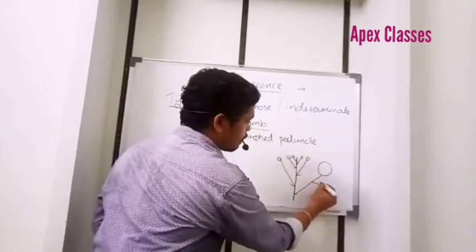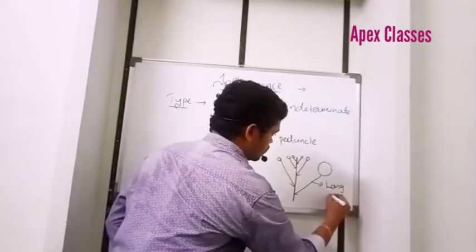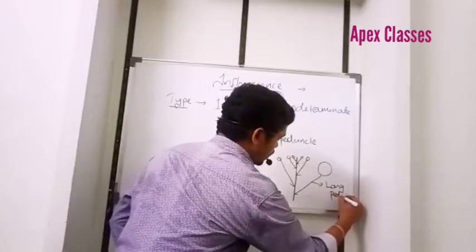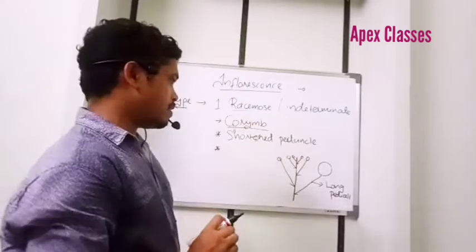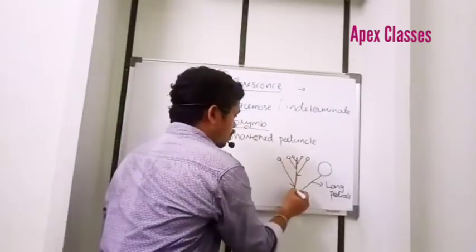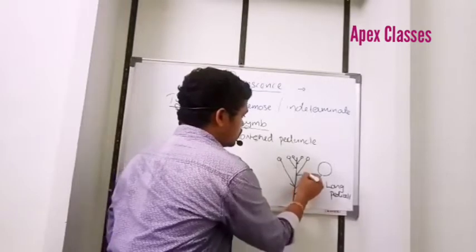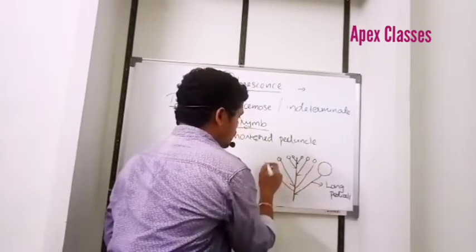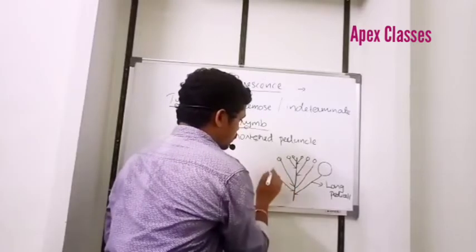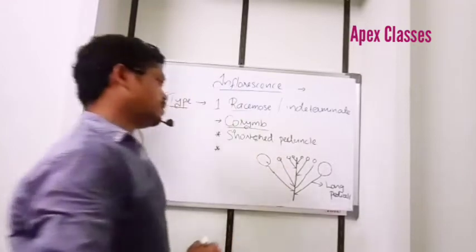All the older flowers have a long pedicel, whereas younger flowers have a very short pedicel. So, all the flowers are arranged at the same level.